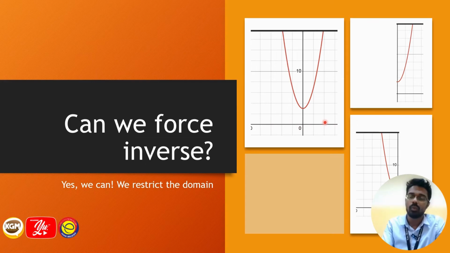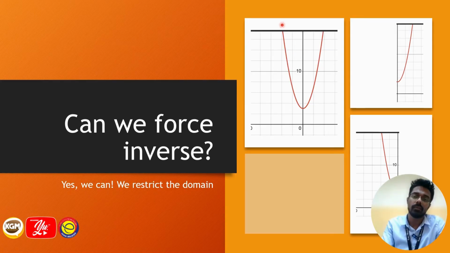So what we can do is restrict our domain. Restricting the domain means either I take this part of the graph or I take this part of the graph only. When I take this part only, by the horizontal line test you can see we're only cutting once, meaning it is a one-to-one property.